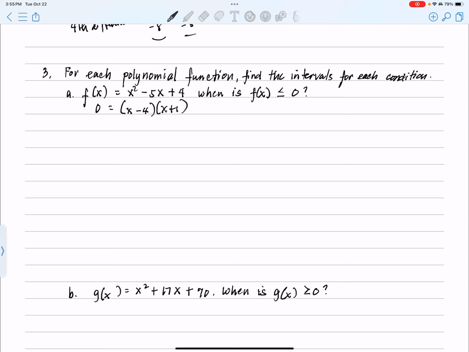So the roots here, from x minus 4, we equate this to 0. So this will be x equals 4, and x plus 1 equals 0, then x is negative 1.